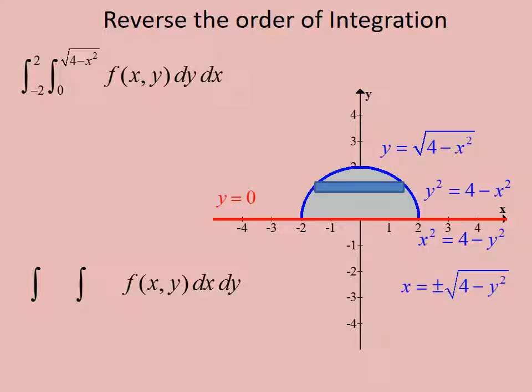So the negative square root of 4 minus y squared is what's on the left of that rectangle, and the positive square root of 4 minus y squared is what's on the right side of the rectangle. Then we need to describe the y's, and again that's going from 0 to 2, since that's the radius of our circle.